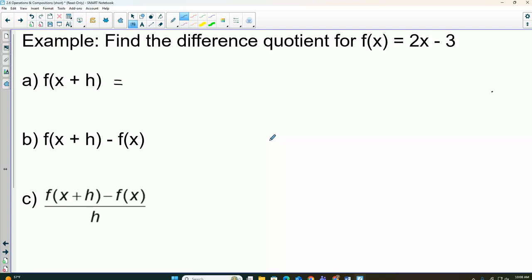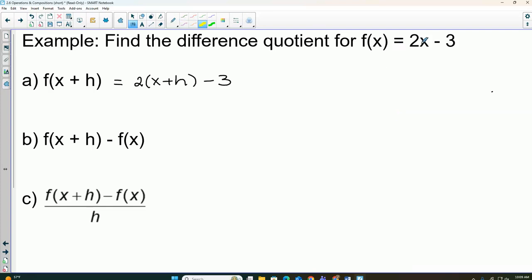If I ask you for f of x plus h, think about it. If I said find f of 5, what would you do? Plug in 5. So if I said find f of x plus h, you're going up here, and you are replacing x with x plus h. Okay, so I didn't give you a number to plug in.